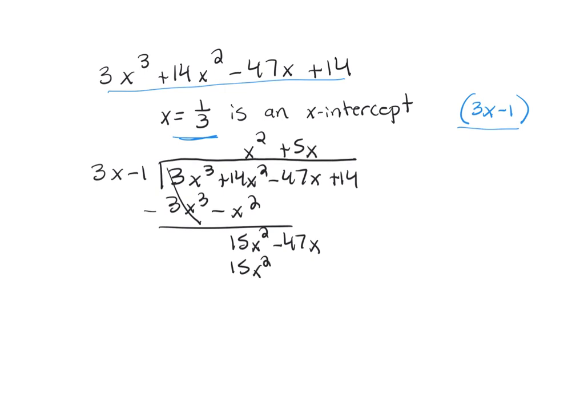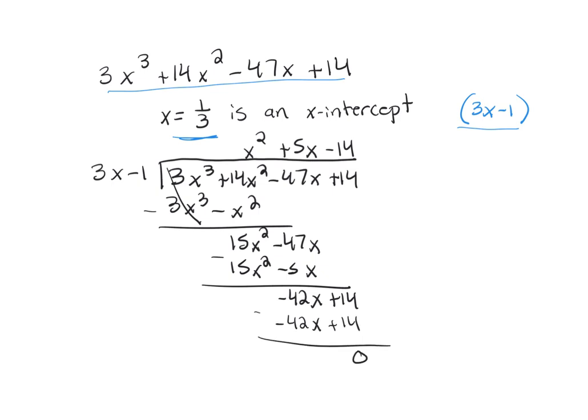Multiply. This will go to negative 42x and bring down the 14. Divide again, so that's negative 14. And then multiply, so negative 42x plus 14, and we're subtracting, so there's my remainder 0.